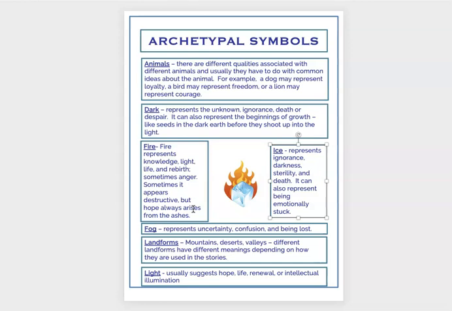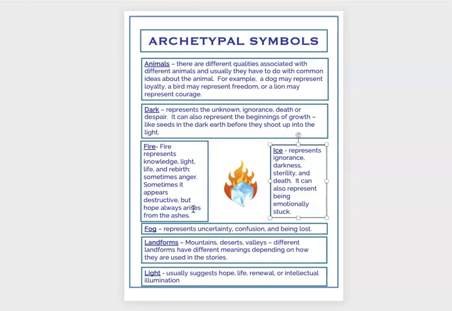Ice generally doesn't have good connotations, but occasionally, like the Snow Queen, sometimes, but not usually. The fog: uncertainty, confusion, being lost. If a character is in the fog, or mist or something, the author is trying to convey unknown, mysteriousness, uncertainty, being lost.